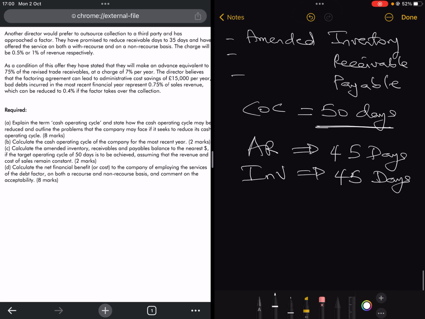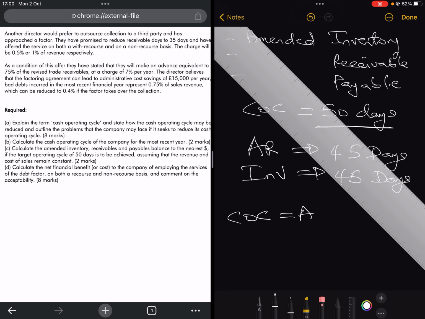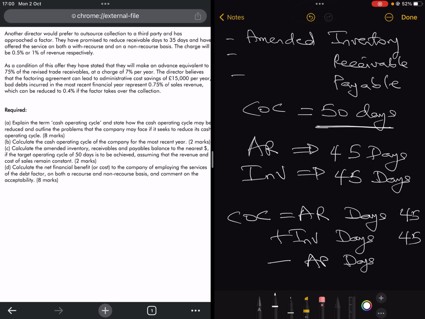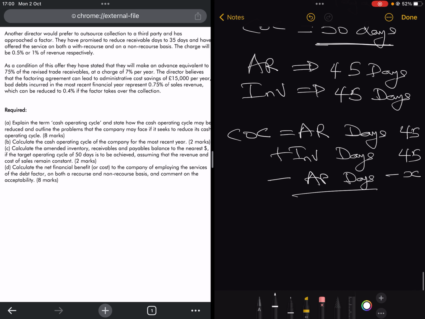Then from our formula, we know that cash operating cycle is equal to AR days, which is 45, plus inventory days, which is also 45, minus AP days, which we don't know. So I'll call it minus X. All of that will equal the 50 days target.